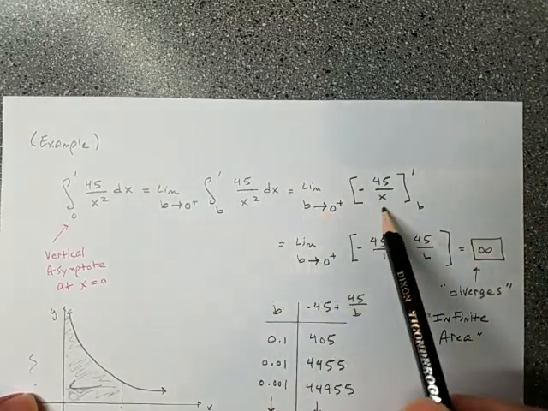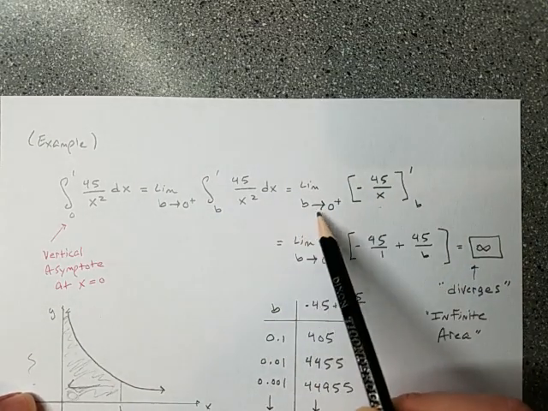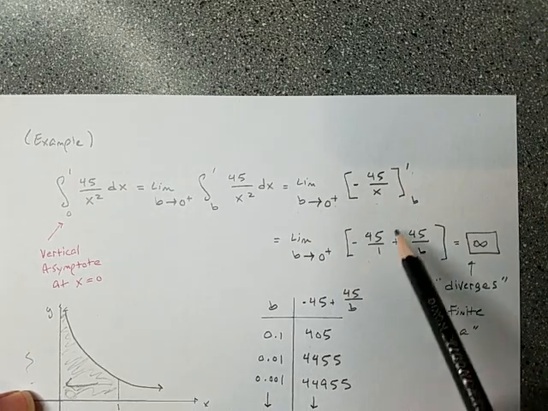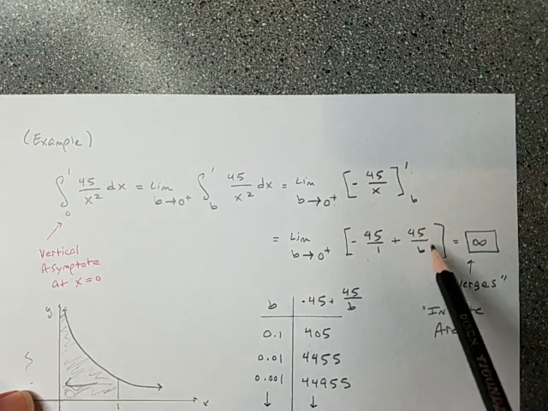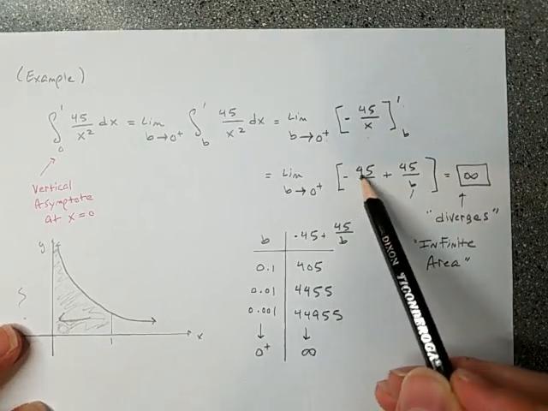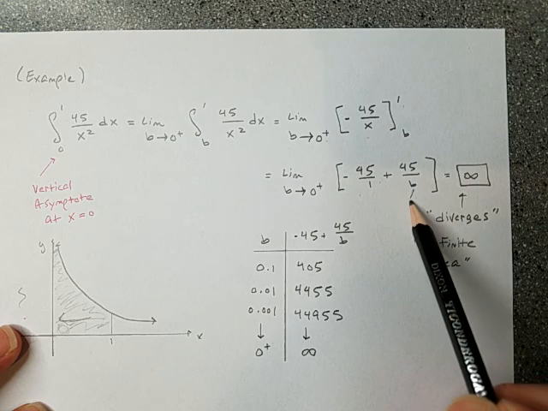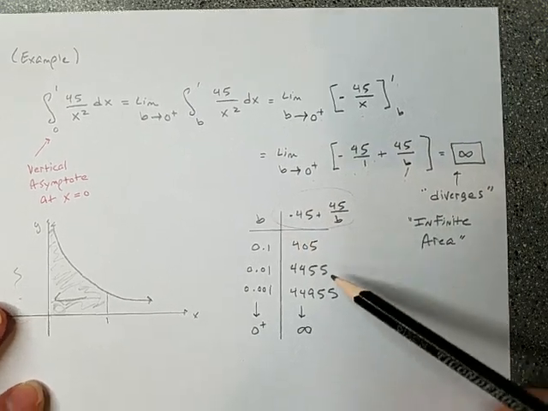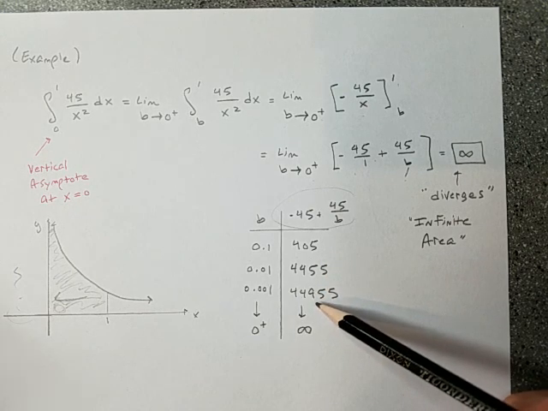So, okay, here's your antiderivative. I have to do limit as b goes to 0 from the right of that. Put in 1, subtract, put in b. You'll get this. What's the limit of negative 45 plus 45 over b as b goes to 0 from the right? Here's your answer. This limit table is real obvious, I think.